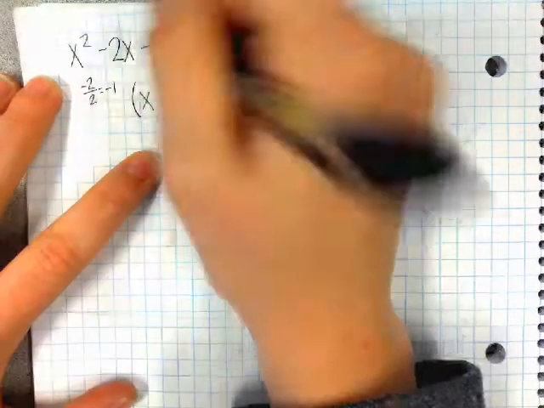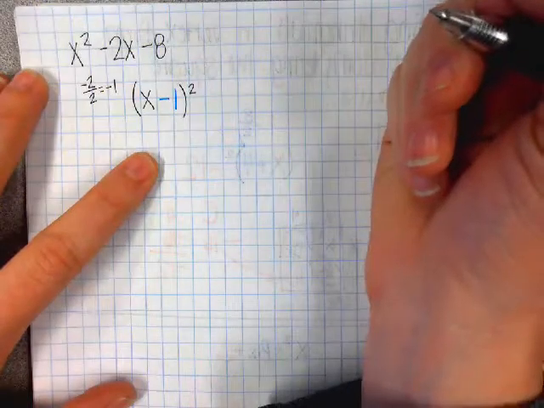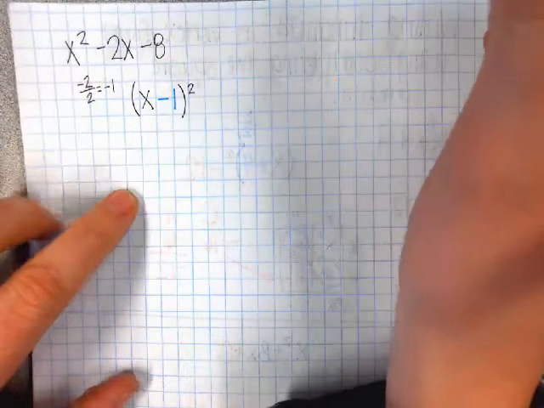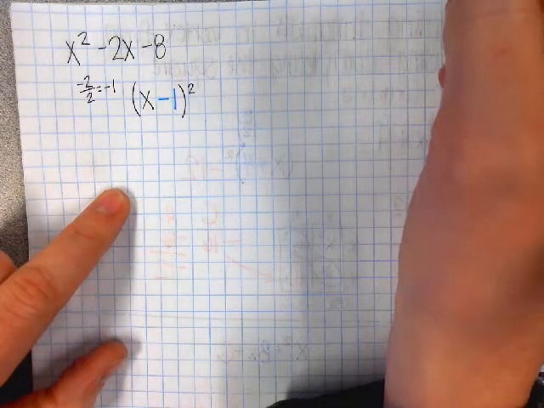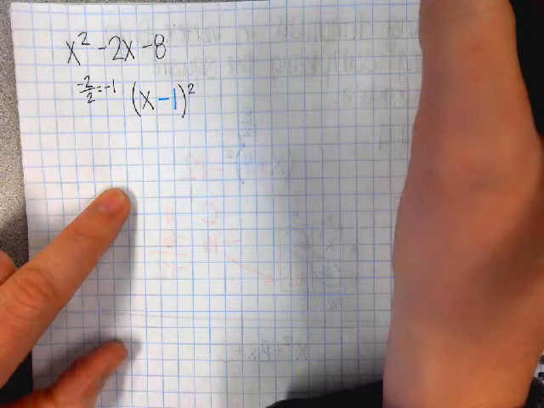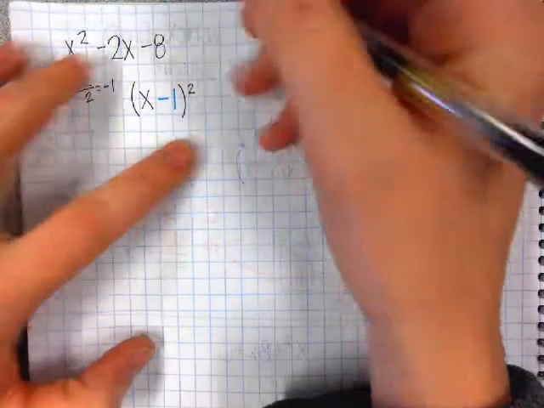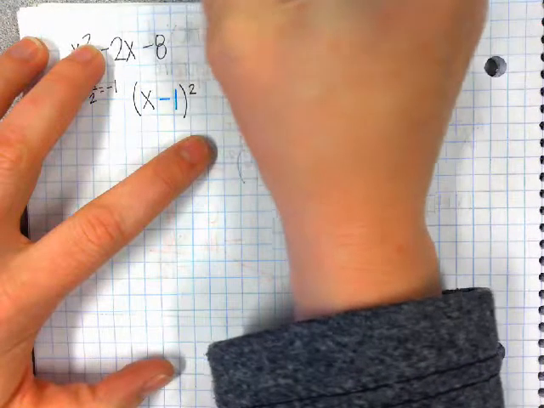Negative 1. So it would be negative 1 squared. How do I find this last piece? So you have to square it and then subtract it from that.